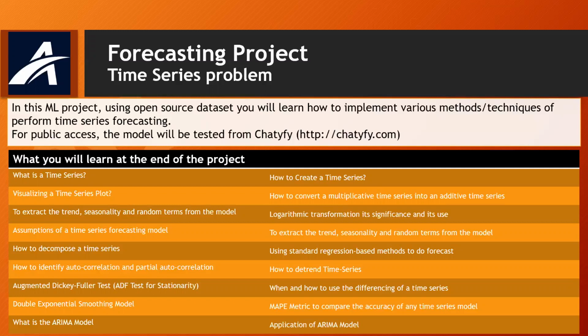So similar to the previous projects, let me tell you the difference with this learning path.